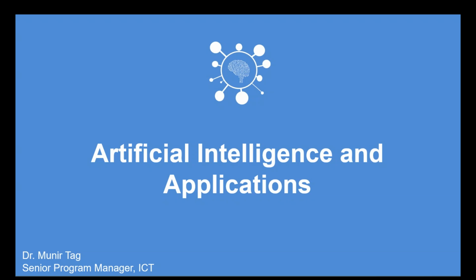I'm going to talk about artificial intelligence and its applications. So what is artificial intelligence? Artificial intelligence is a process of learning and taking efficient and effective decisions. What is intelligence? Intelligence is observing, collecting data, storing data, correlating data, and taking decisions. This we do as humans.